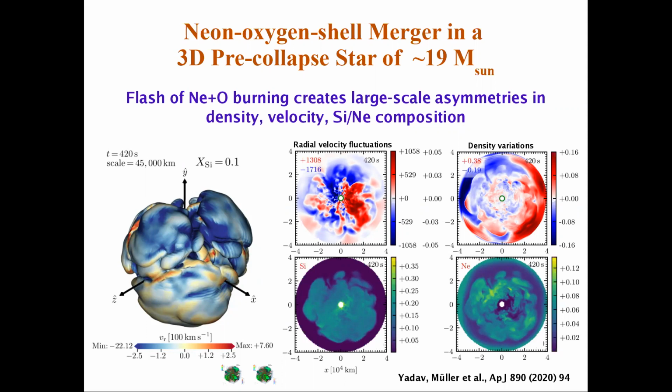If I could utter a wish, in a nice quiz or so, which would let me win, I would say we would like to simulate the whole oxygen burning phase and the whole silicon burning phase in 3 dimensions. And we are not able to do that.